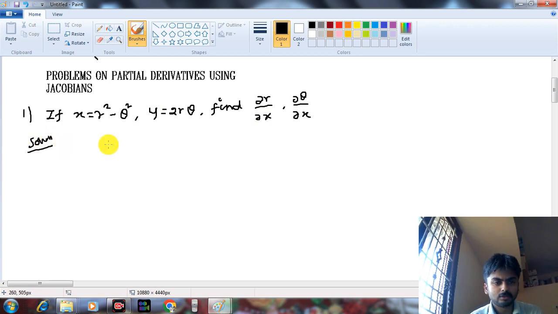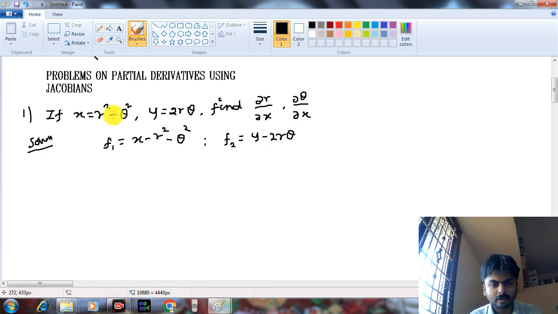What is our f1? f1 equals x minus (r² minus θ²). Second is f2 equals y minus 2rθ.